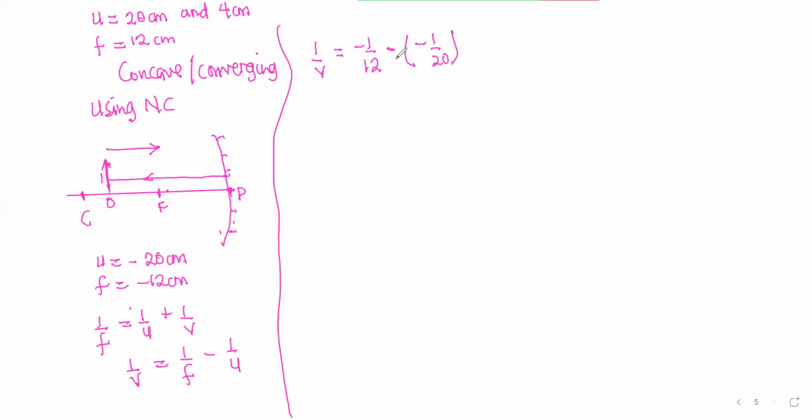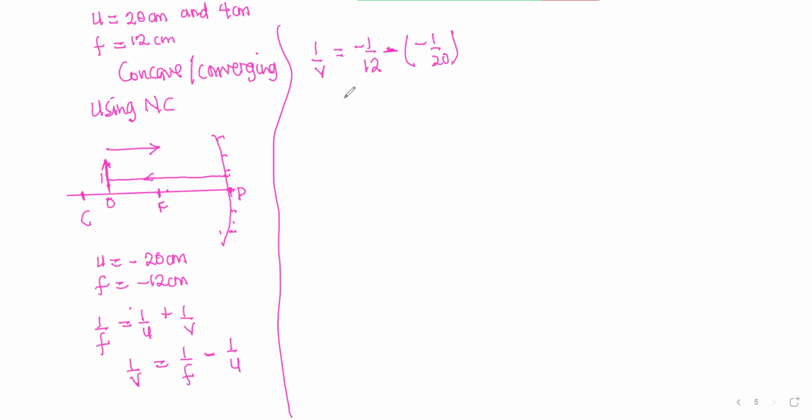Please, I hope you understand the minus. Class, are you following? Yes, please. When I made 1/V the subject, I had 1 on F minus 1/U. By the convention, U is negative. So that's why I have the minus.